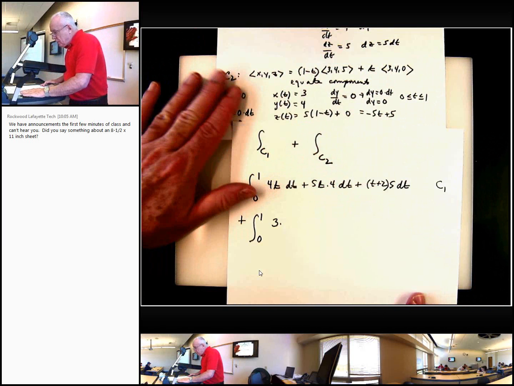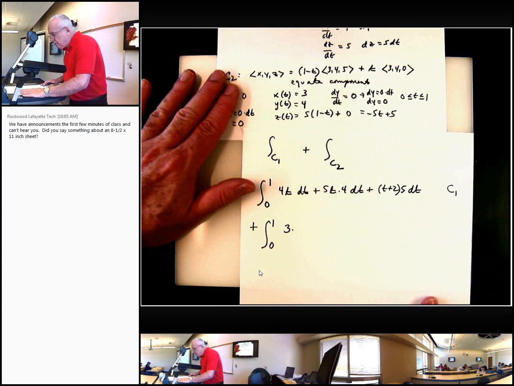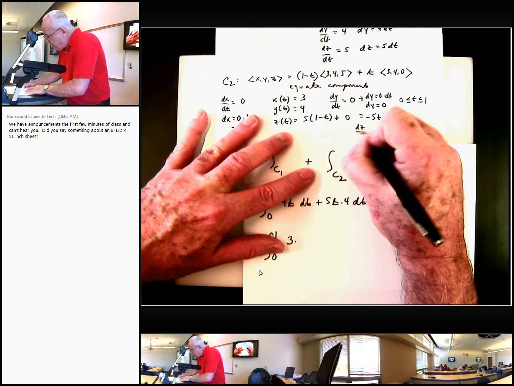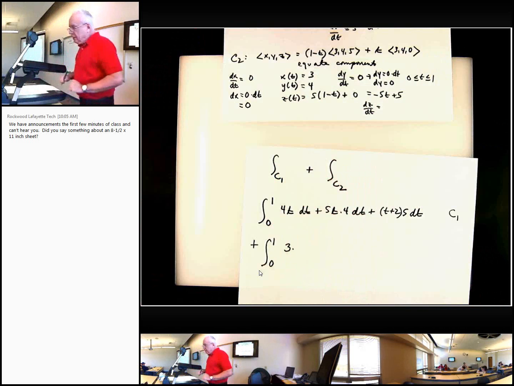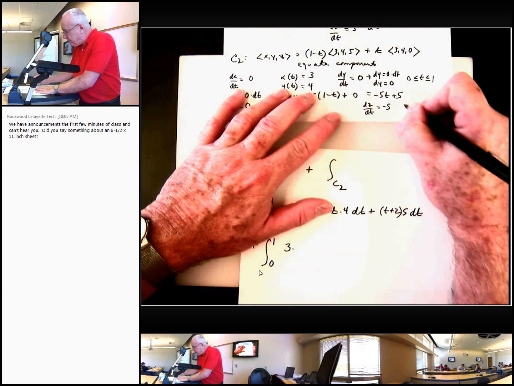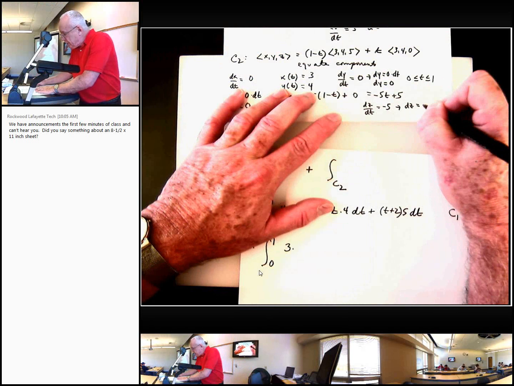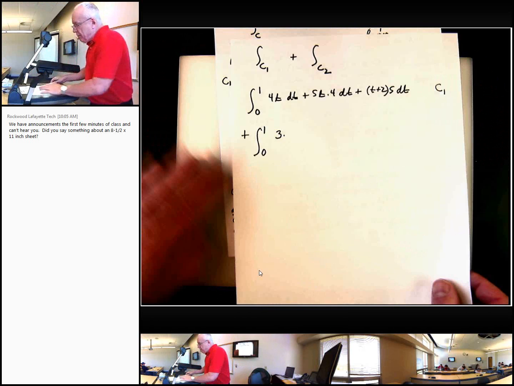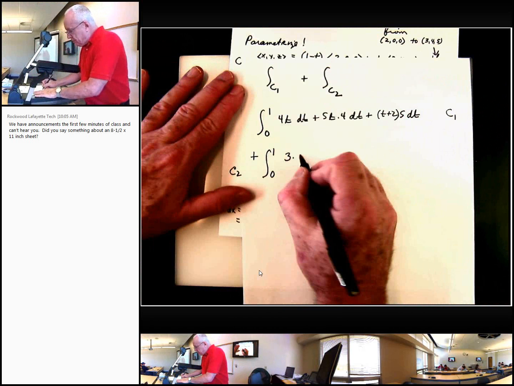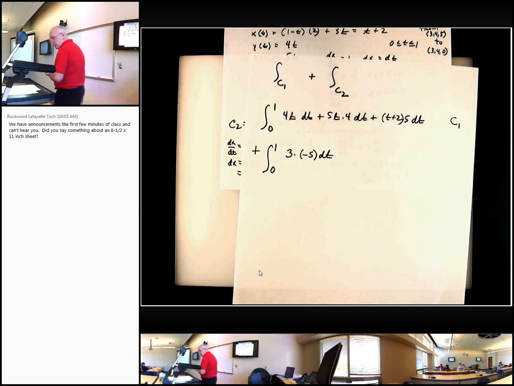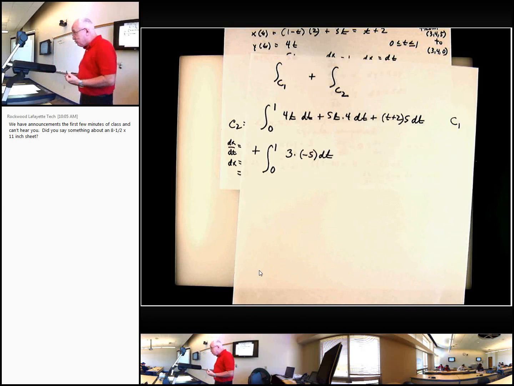And oh, I didn't figure out dz yet, did I? z is minus 5t plus 5, so dz/dt is negative 5. That means dz is replaced by minus 5 dt. So I've got x times dz, which is 3 times minus 5 dt for that second curve. And these are all then extremely simple integrals to do.